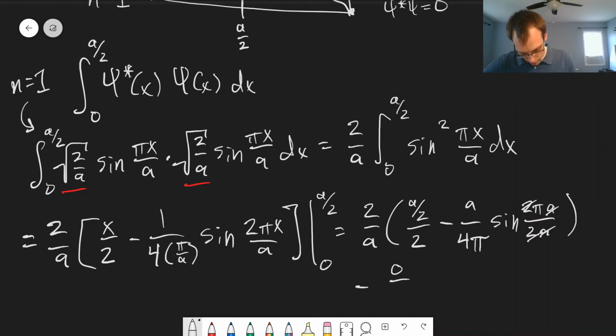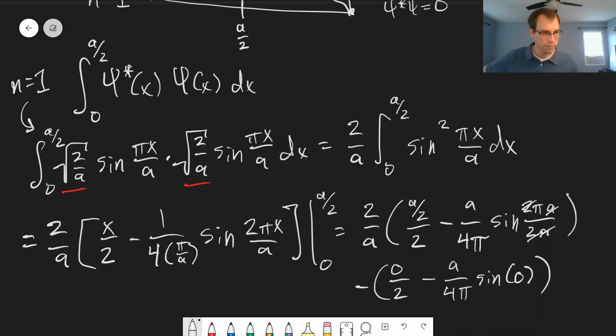Minus 0 over 2 minus a over 4 pi sine of 0. Just take a shortcut there. Right, and so as we showed previously, this whole term goes to 0. And if you've looked in here, the 2's canceled, the a's canceled, so we only end up with the sine of pi, and the sine of pi is also 0.